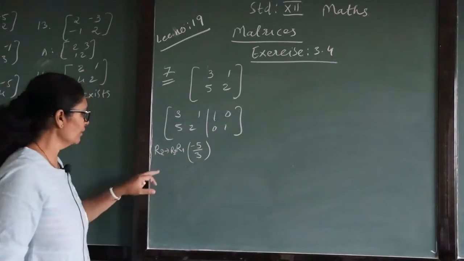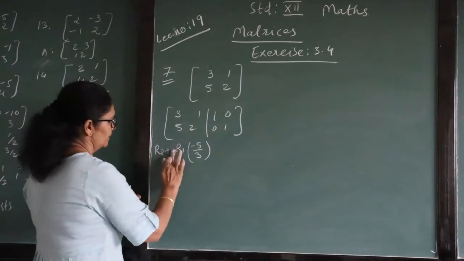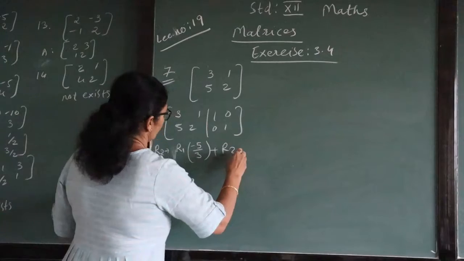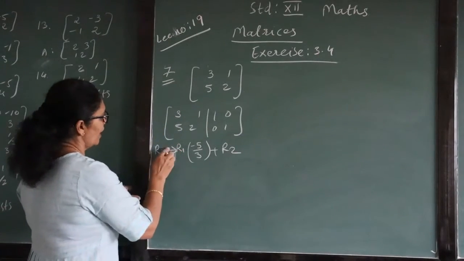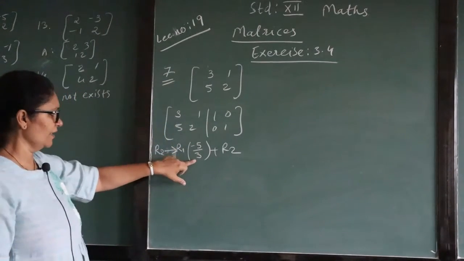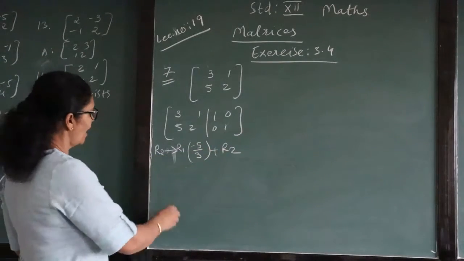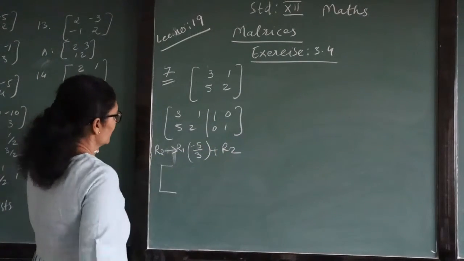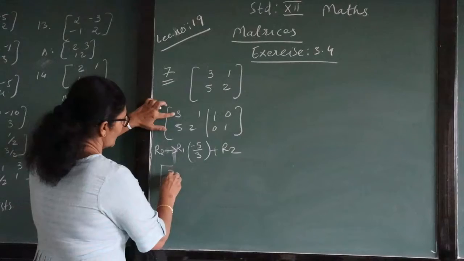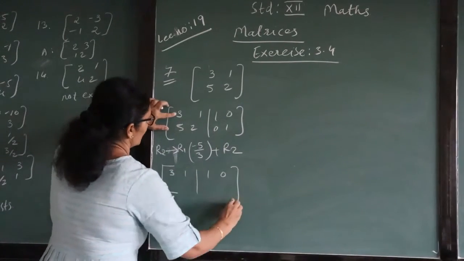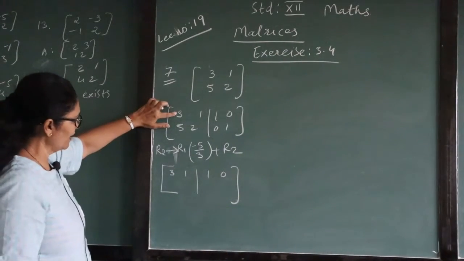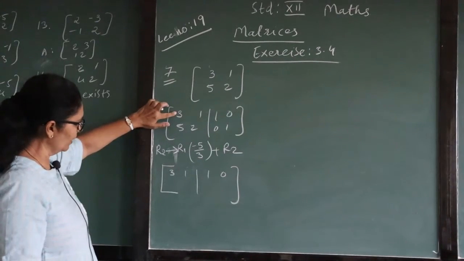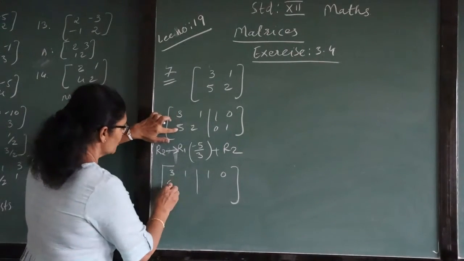So how have we written? R2 will be changed, and R1 will be multiplied by minus 5 by 3 and added in R2. Okay, let's do it. First this one as it is. When you divide it by 3 this became 1, and then you multiply by minus 5 by 3 and this became 0.